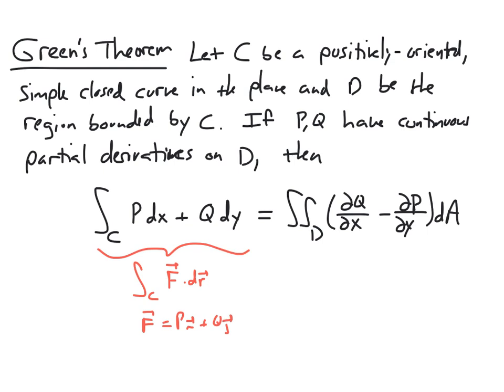So the left-hand side is the line integral of a vector field, and the right-hand side is just a standard double integral over a region D, which, because of the continuous partial derivatives of P and Q, we are able to use iterated integrals and Fubini's theorem to compute if necessary.